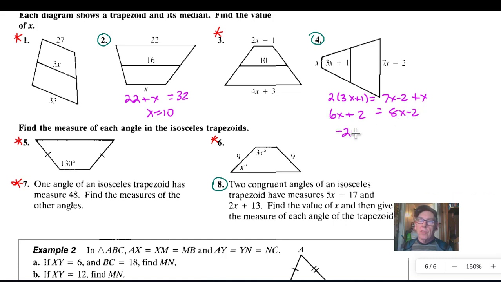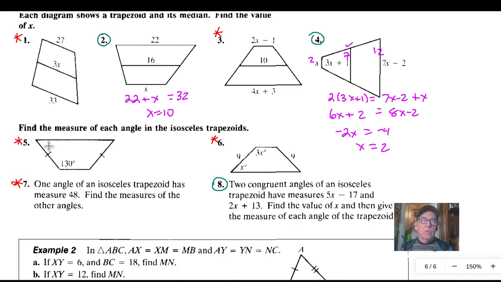Minus 2x, and take 2 away, equals minus 4. Divide by negative 2, x is going to be 2. And we just need to find out what x is. But if we want to check it, we get a 2, we get a 7, and we get a 12. And 2 and 12 is 14, divided by 2 gives us the 7. So we know those numbers are going to work out.